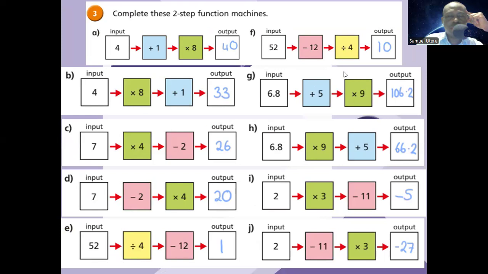You were asked to complete the two-step function machines. You simply do the operations just as we learned, and then you get your results.